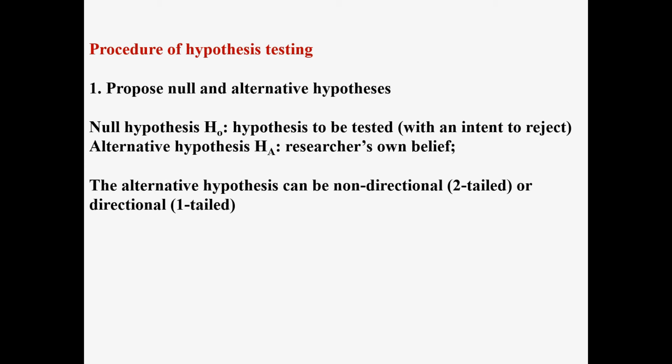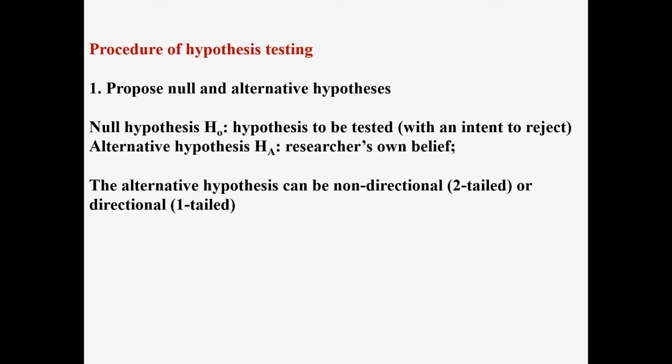For example, a researcher believes that the rising temperature is causing rising precipitation. So in other words, this researcher believes that there is a positive relationship between temperature and precipitation.